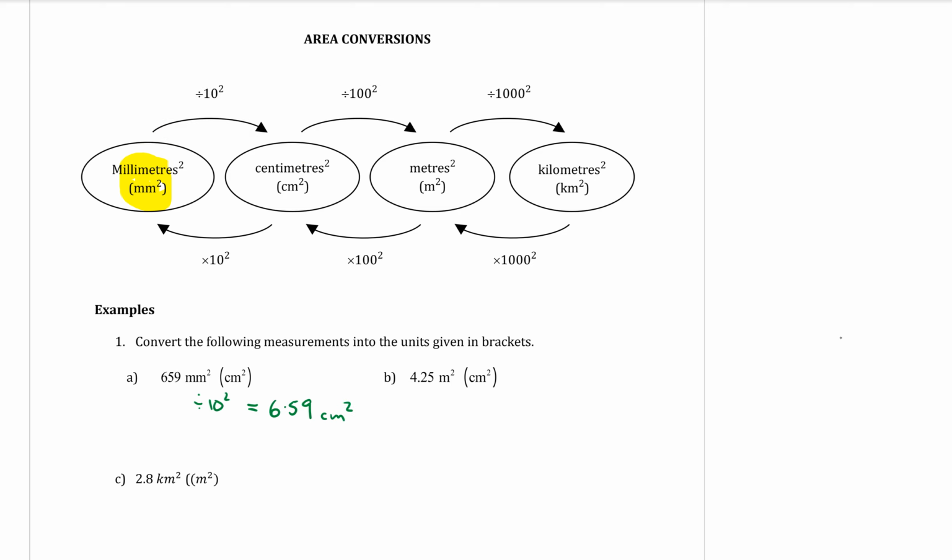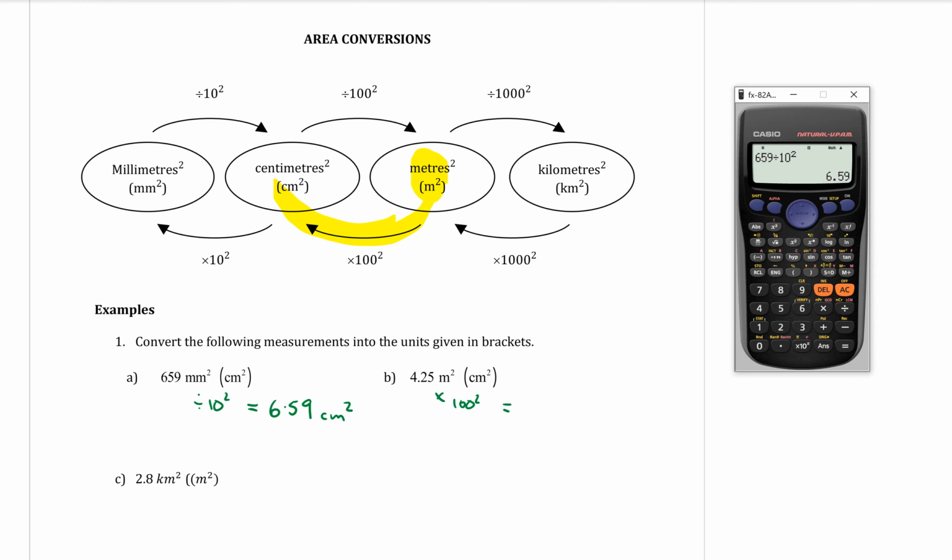All right, let's try again. Next one goes from meters squared, and we want to go to centimeters squared. Follow the arrow. I need to times by 100 squared. So it is the 4.25. I need to multiply that by 100 squared on my calculator. 4.25 times by 100.